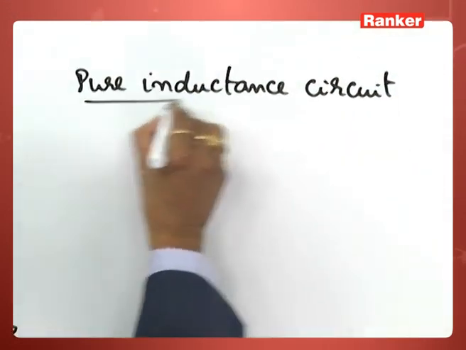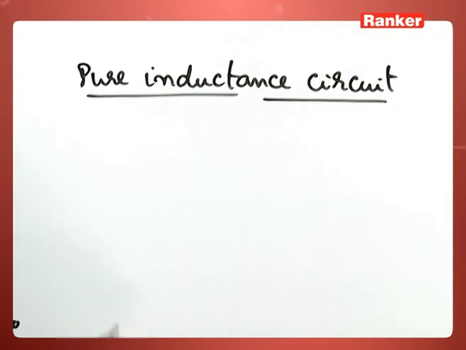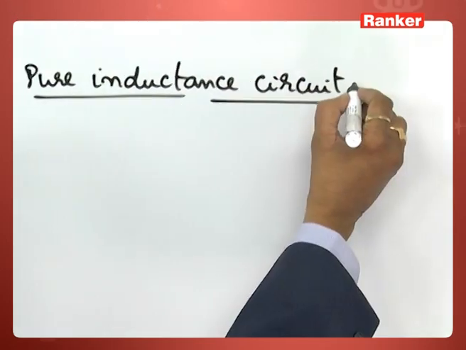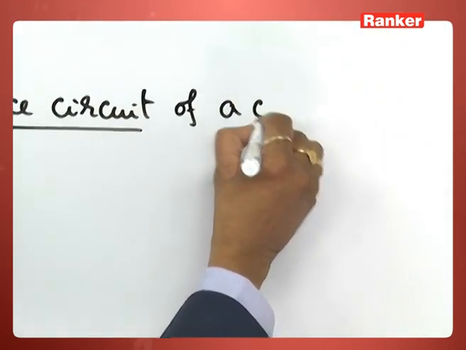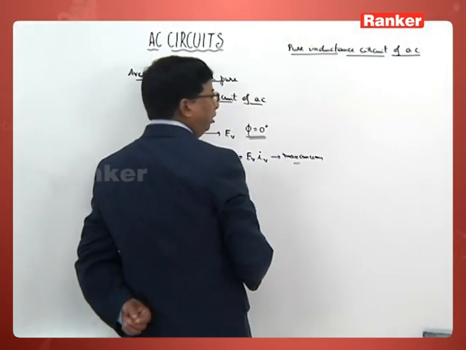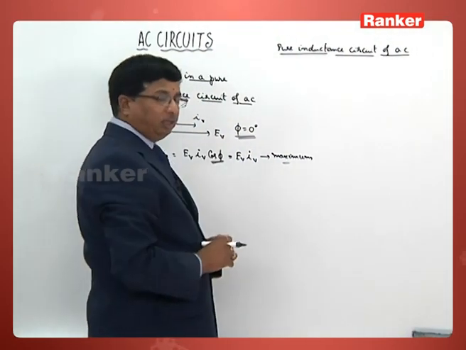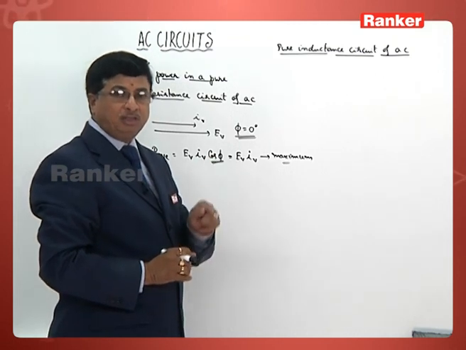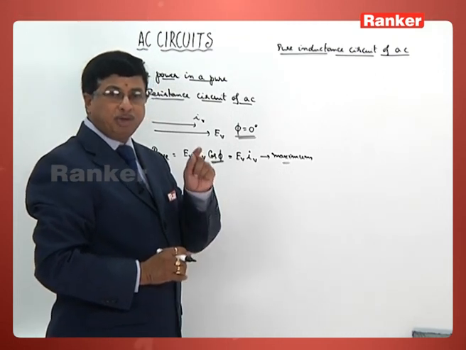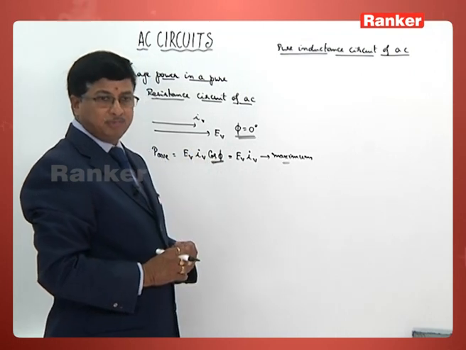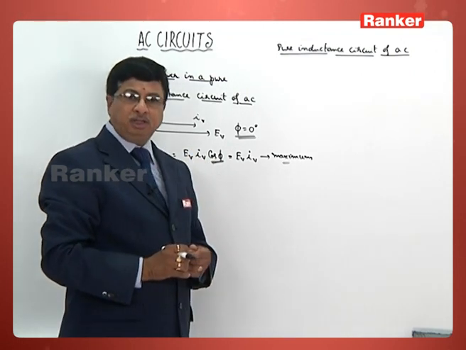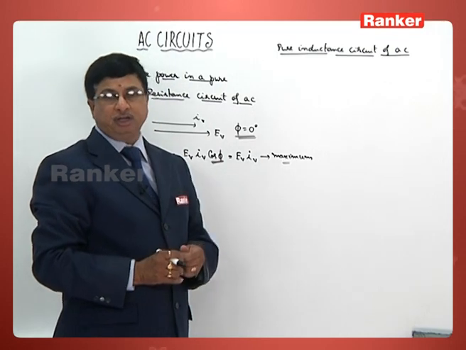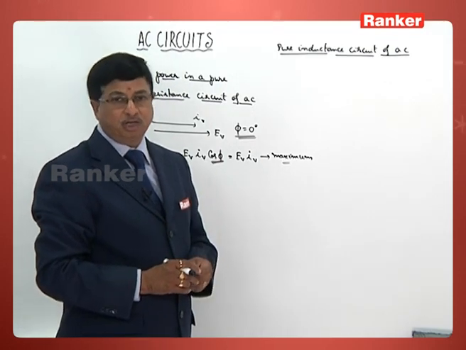Let us just calculate the power in the case of a pure inductance circuit of alternating current. In the case of a pure inductance circuit, current lags behind the EMF by pi by 2 radian. In other words, we can say EMF leads the current by pi by 2 radian.